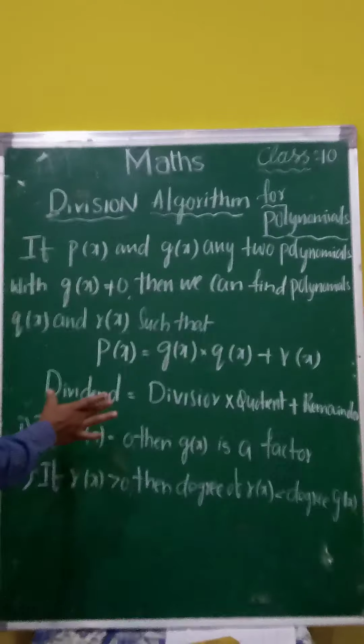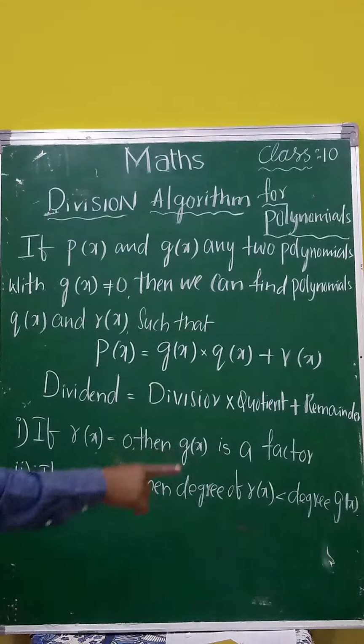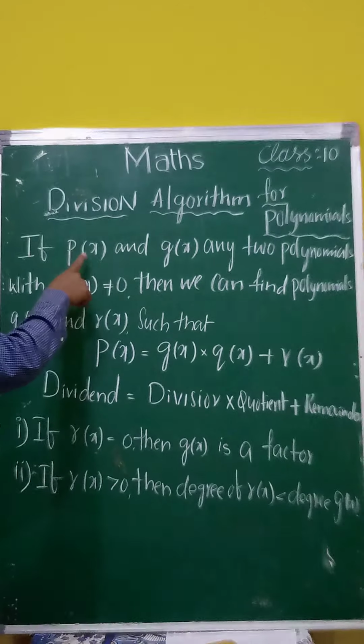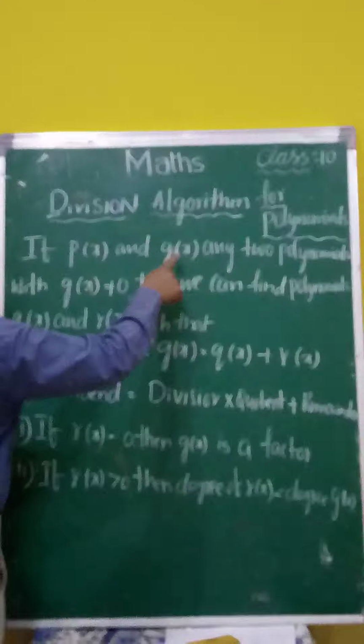That means exactly dividend is equal to divisor into quotient plus remainder. Here p of x is the dividend, g of x is the divisor.